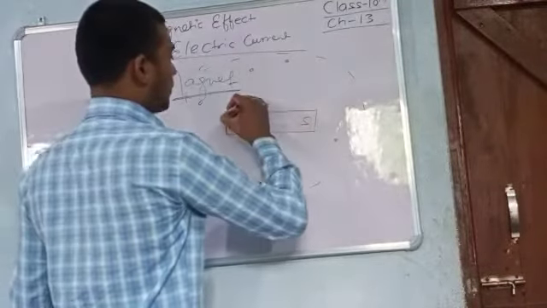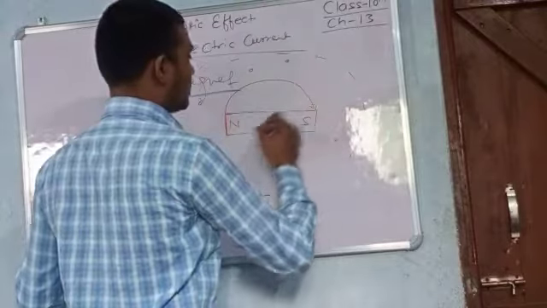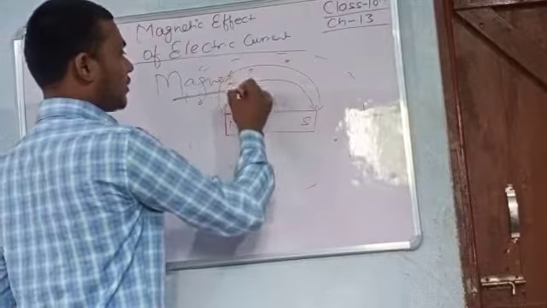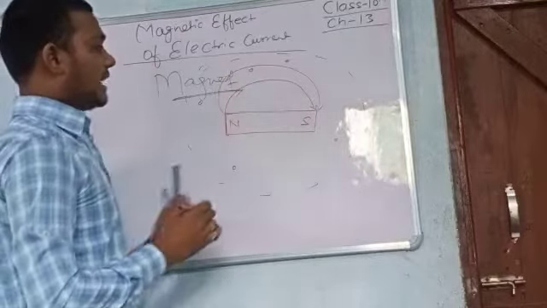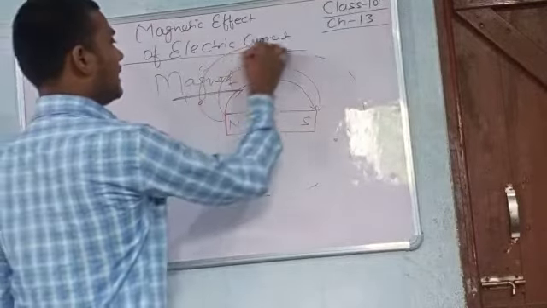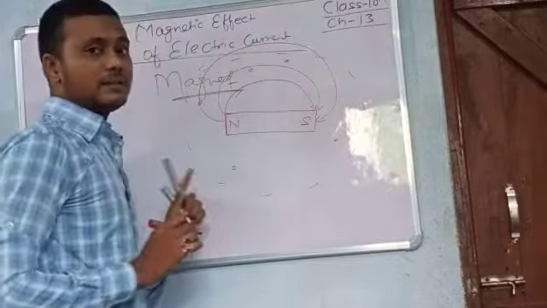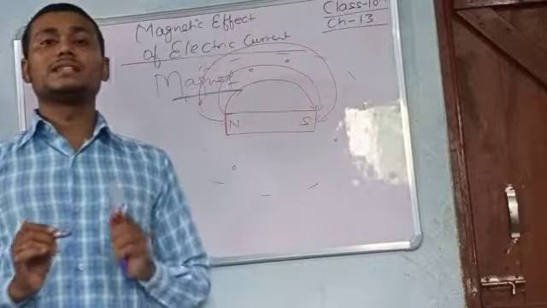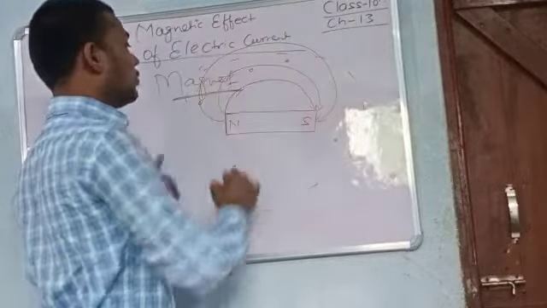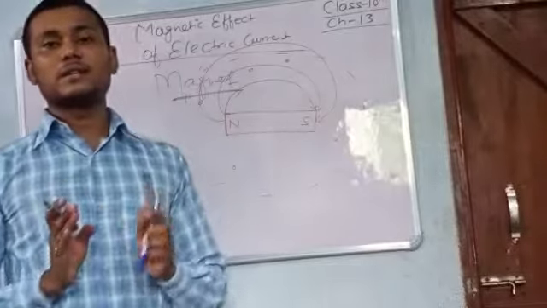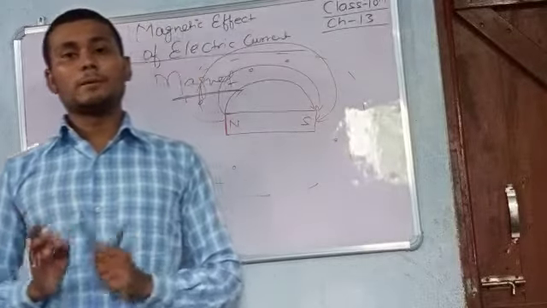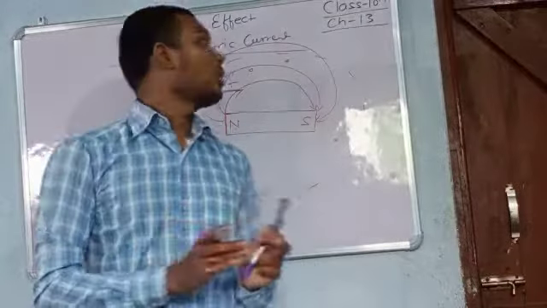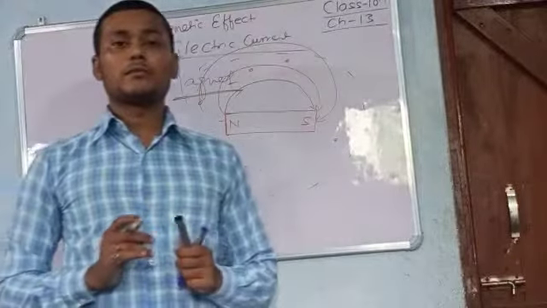These field lines always start from the north pole and end at the south pole, and they form closed curves. This is the basic concept of a magnet.